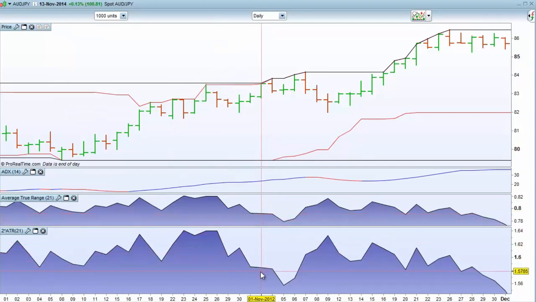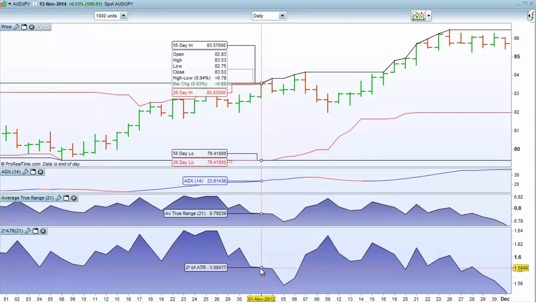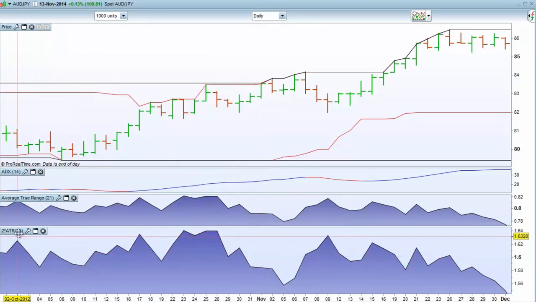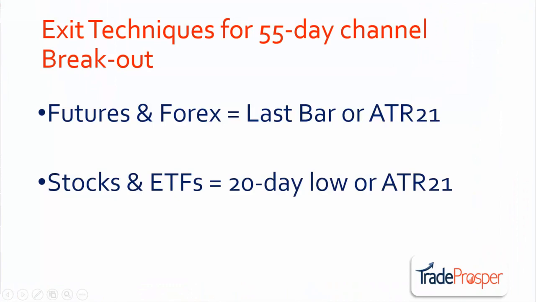If you look below, this indicator calculates 2 times it for you, 1.58. So that makes it a lot simpler. Now this 2 times ATR 21 is not a standard indicator. It will be in your supplemental content section on how to add this if you want to. If not, the average true range is standard on most trading platforms or most charting platforms, and you can just use that one and times it yourself, whichever you prefer.